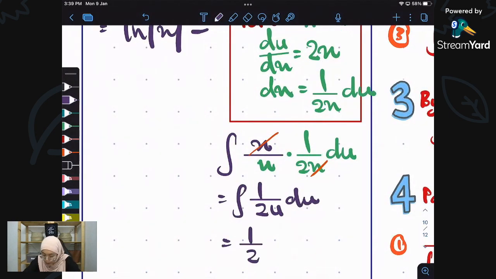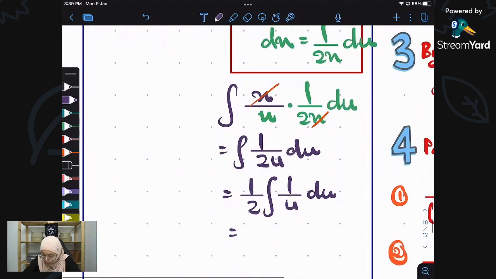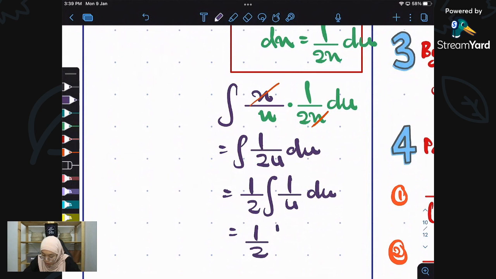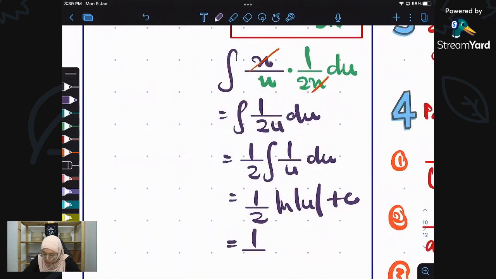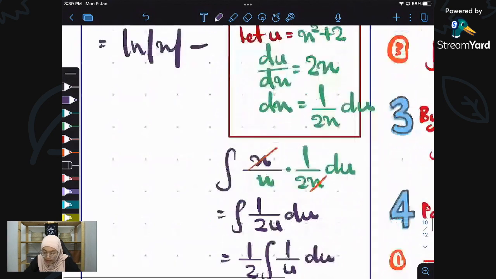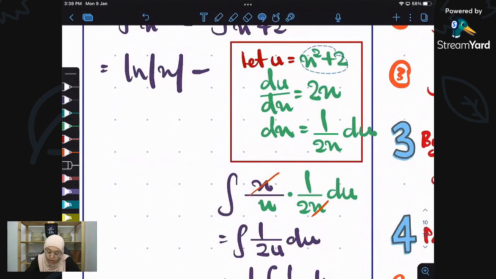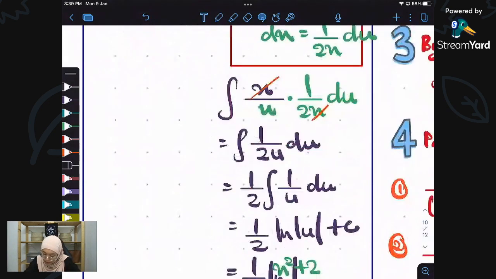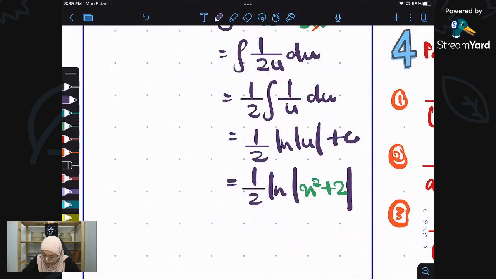Okay, so basically bila dah pun berjaya, continue lah. 1/2 integrate 1/u, it will give me 1/2 ln u plus c. Therefore the answer is 1/2 ln, what is your u? Your u is x squared plus 2. Therefore that is your answer untuk separuh jalan, ya.